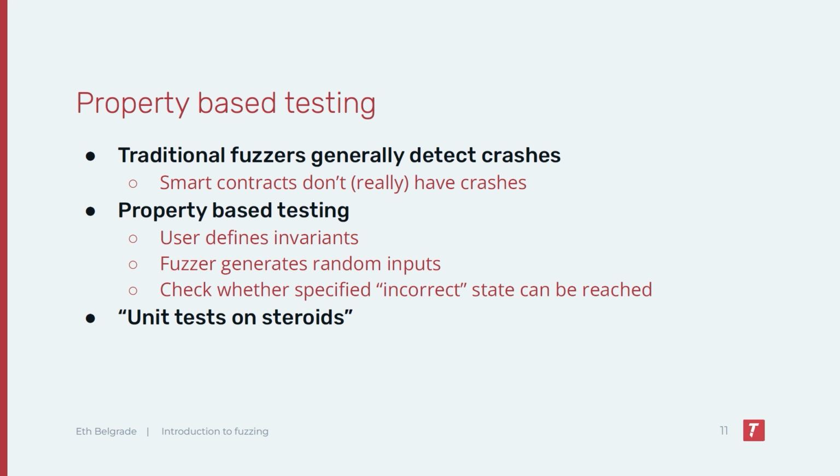We are trying to find problems in the specification of the code base, problems that are related to the specific logic of the contract, of the code base. How do we do that? First, we define properties. We define invariants. Then we use a fuzzer to generate random input to the contract, and we use a tool to check if the property or the invariant is still true no matter the input.